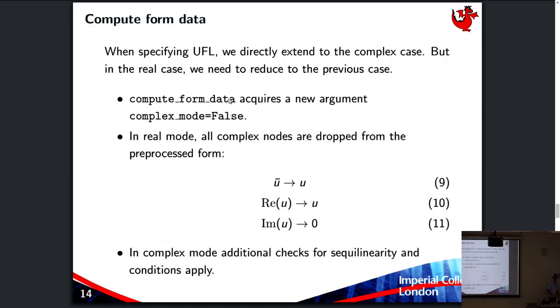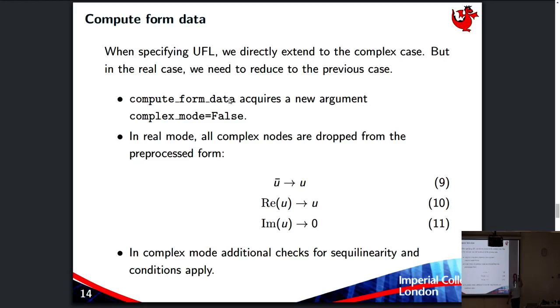So what do we do? Well, I told you we need to be able to handle the real case, and so UFL doesn't have a real or complex mode. Everything is in principle complex. But the compiler is compiling for an actual backend, i.e. us or FEniCS.